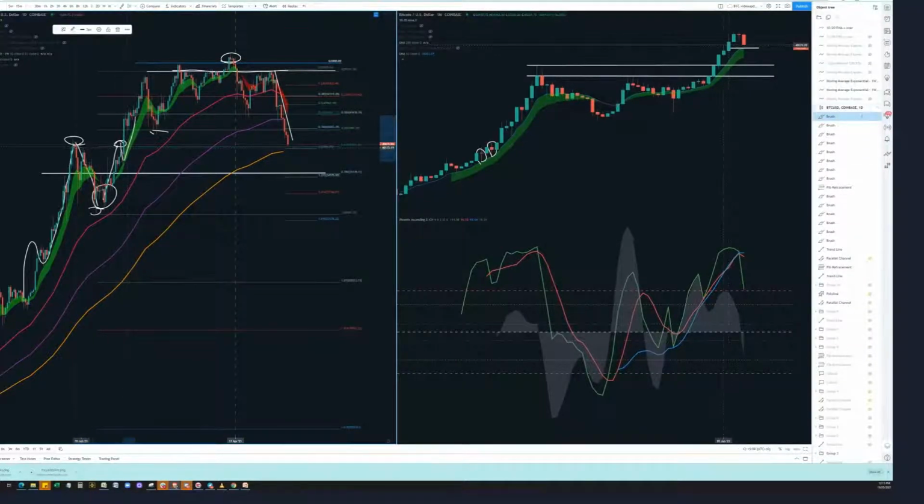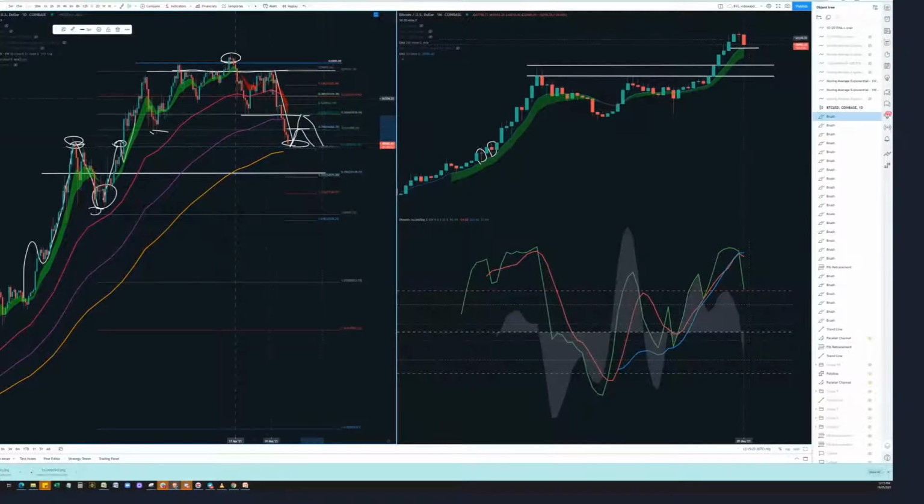So this level acted as a strong resistance. Therefore, we should expect this area to play as strong support. And it's either going to be this fib level that plays as resistance and will come back down, and if we're lucky, we'll see price come back up to 47,000 and then pull back.